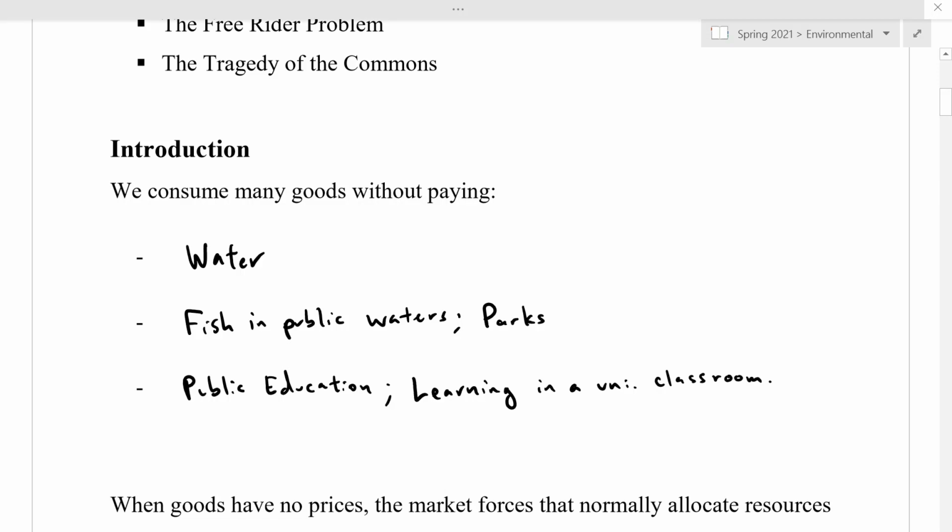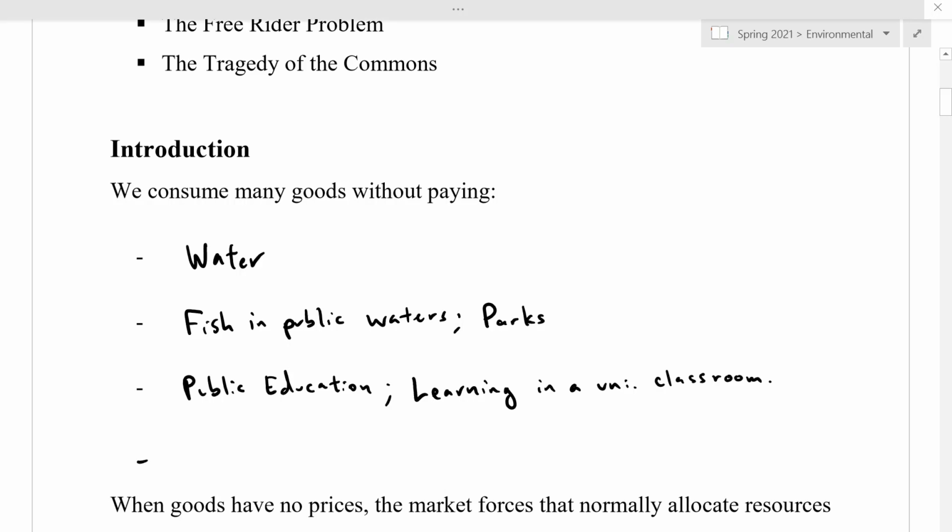Anybody could walk into that classroom and learn what the teacher is teaching. The excludable and private part of a university degree is the degree itself. It is that piece of paper that has your name on it and your field of study, right? So a diploma is a private good, but actually learning and obtaining knowledge is a public good. So there's a little bit of nuance there.